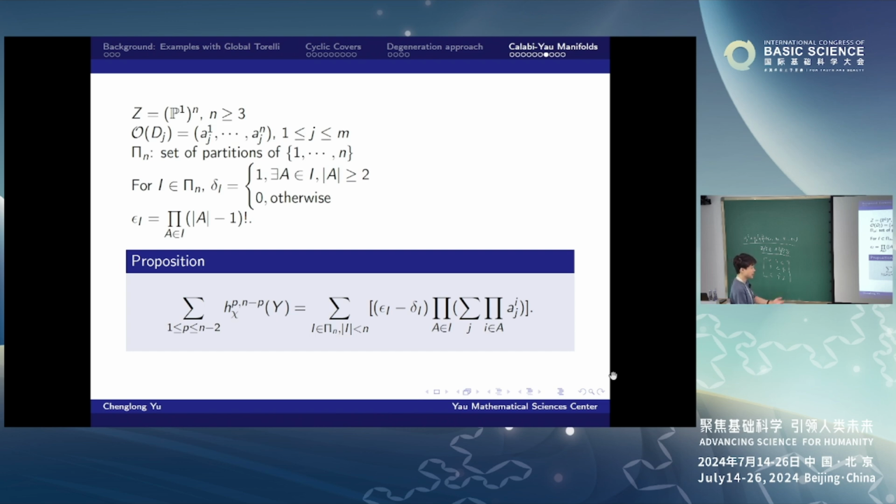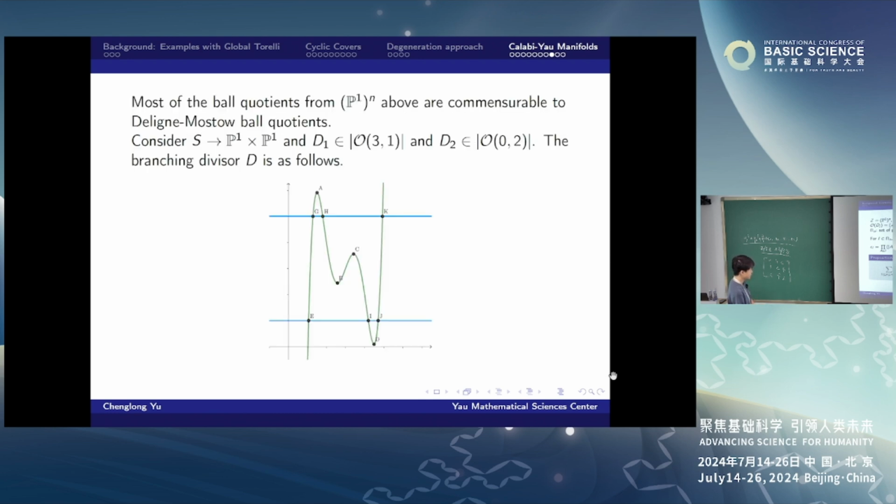And finally, we find the Hodge numbers, and we try to see when this is 0, then this involves combinatorics of this decomposition, and we can see that it will be those examples. So most of these quotients are related to Deligne-Mostow's Borel quotients, branch covering over P1, by the following method.